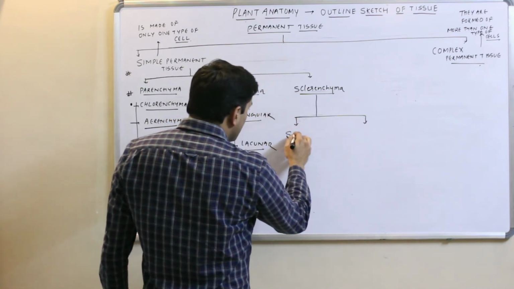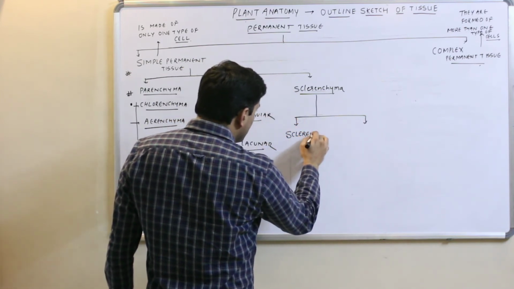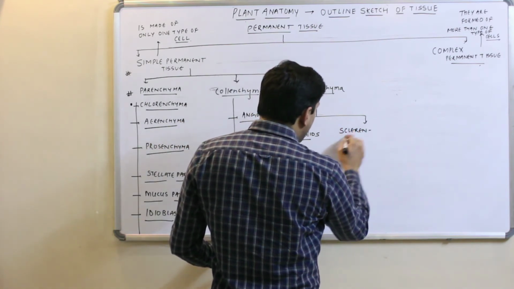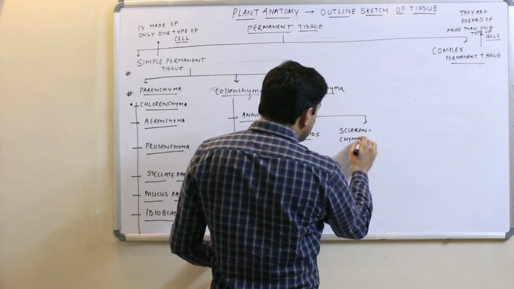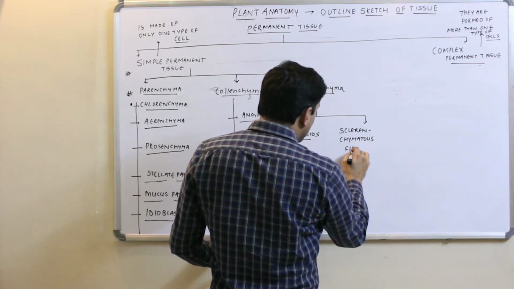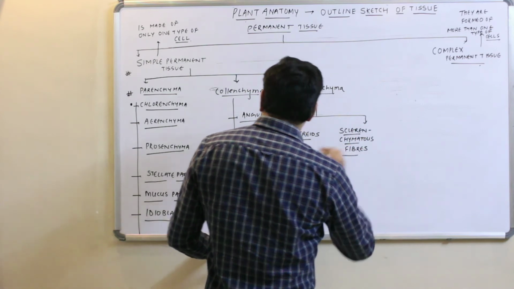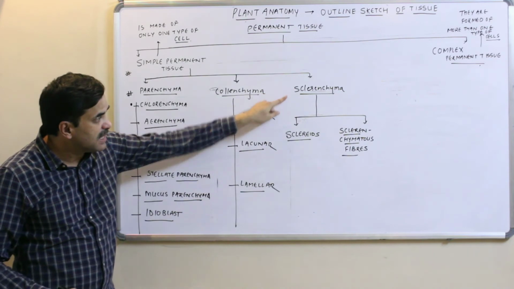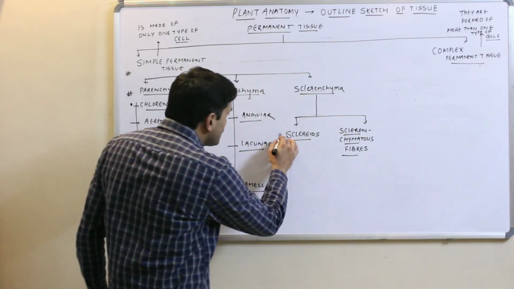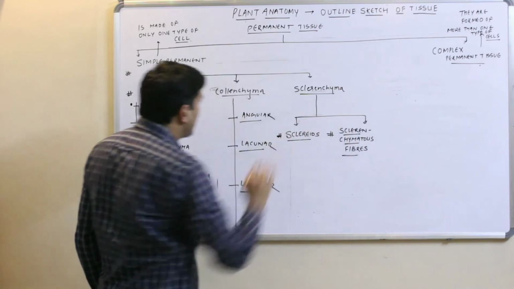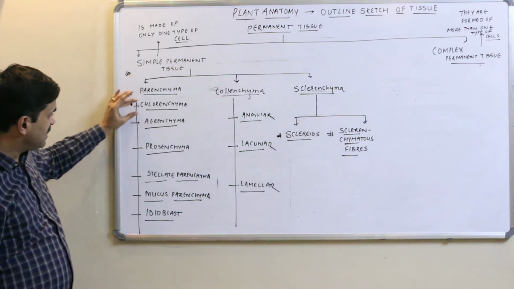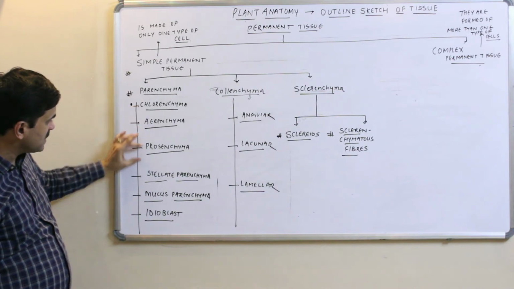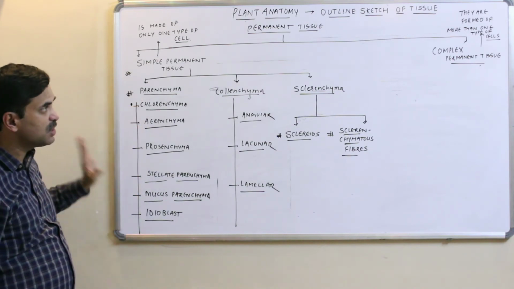One are the sclerites, and the second one is the sclerenchymatous fibers. Alright. So it is clear, collenchyma has three types: angular, lacunar, lamellar. Sclerenchyma has two types of cells: sclerites and sclerenchymatous fibers. Alright. And parenchyma is of these six types: chlorenchyma, arenchyma, prosenchyma, stellate parenchyma, mucous parenchyma, and idioblast.